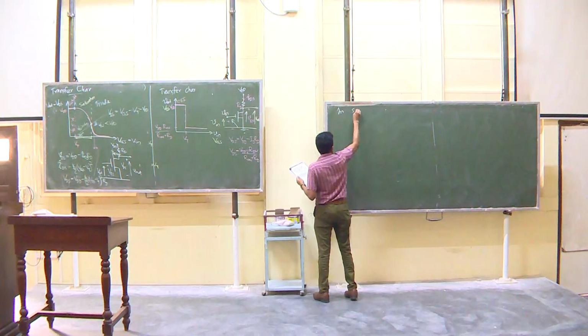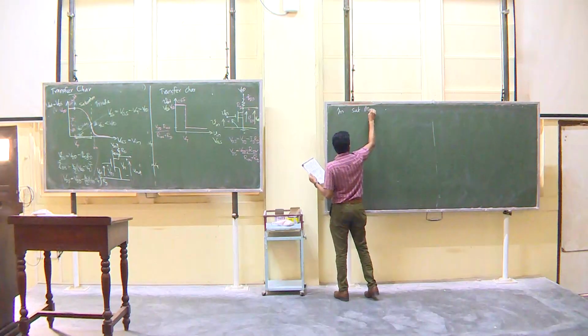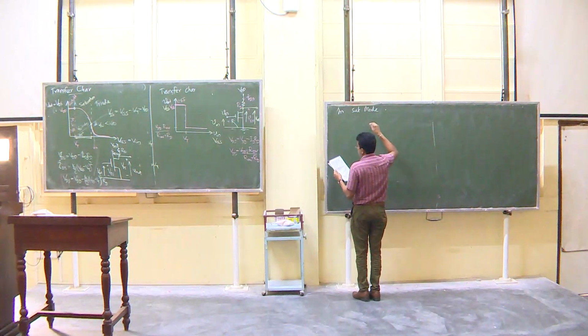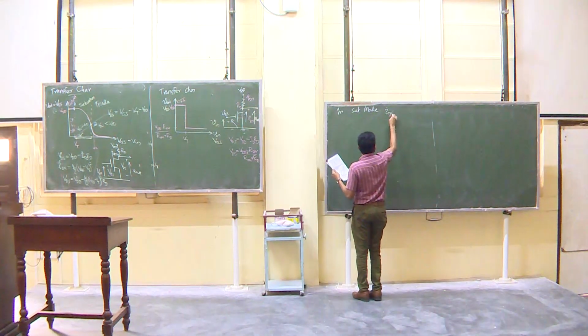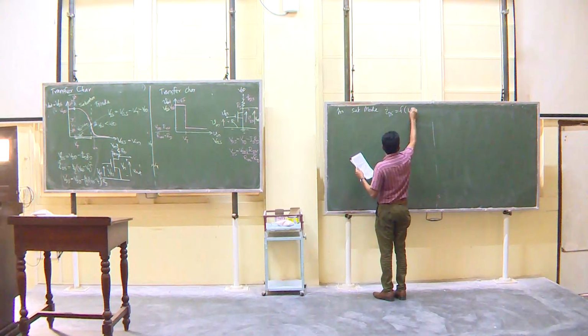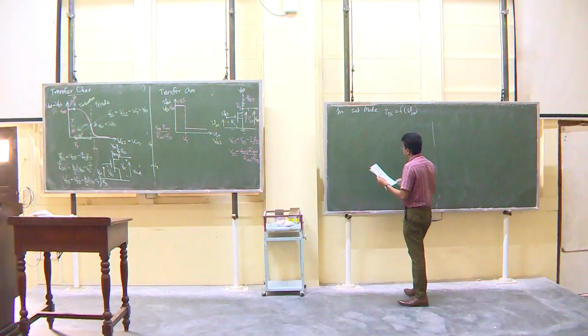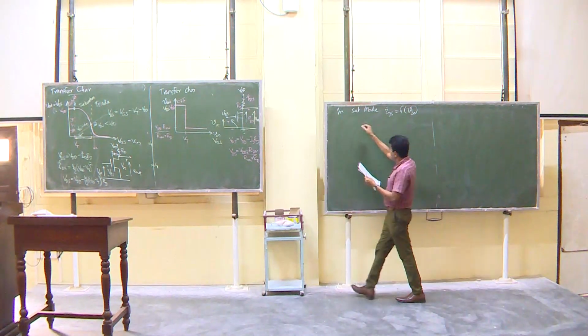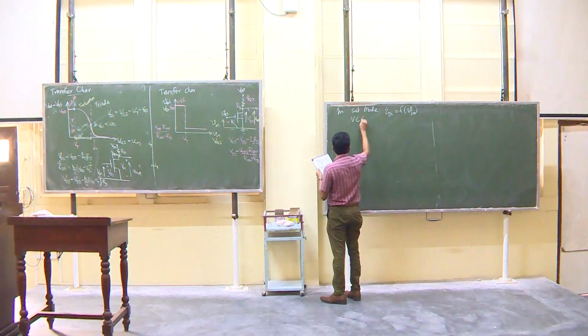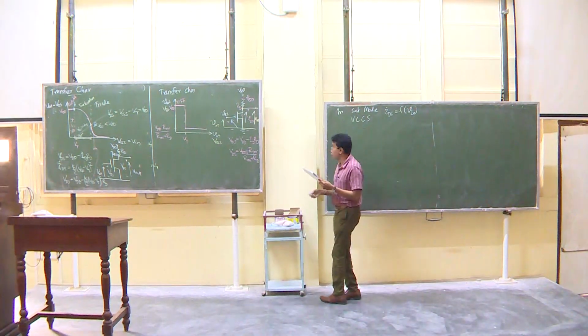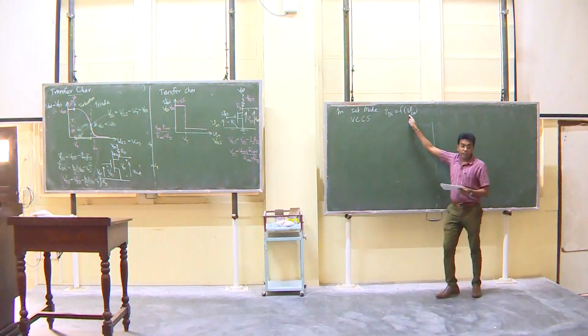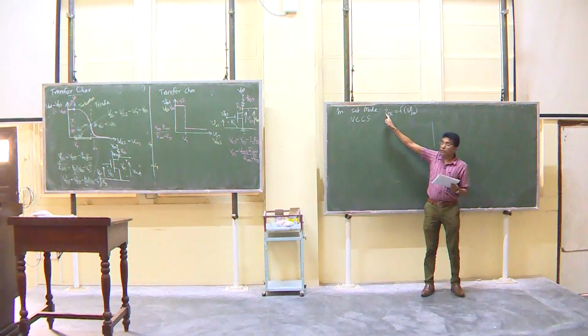In saturation mode, IDS is a function of input voltage V in, and this is a voltage controlled current source. This is the control voltage. This is the current.